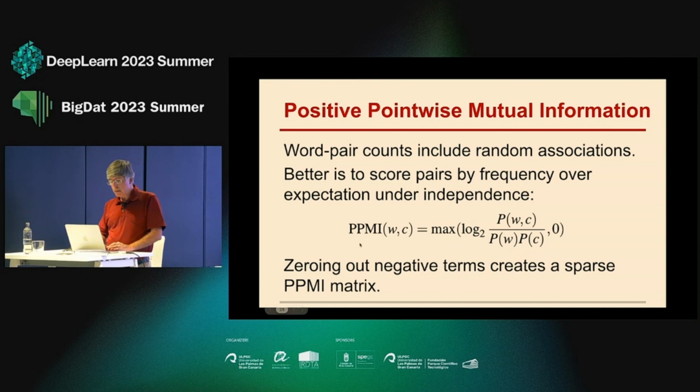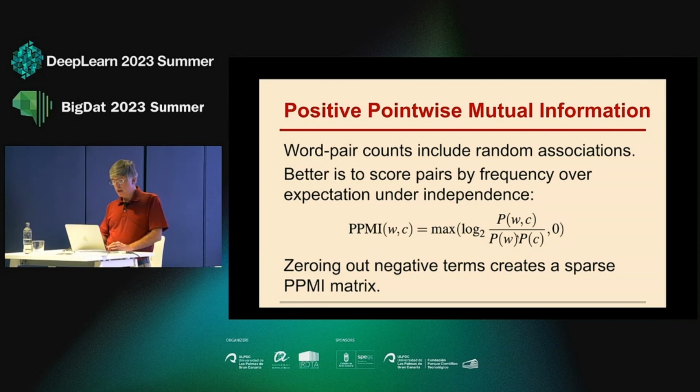So the PPMI matrix takes our counts and instead reduces it to what is the overrepresentation of the number of pairs compared to independence. And it takes the log of that, and it takes the larger of the overrepresentation and 0.